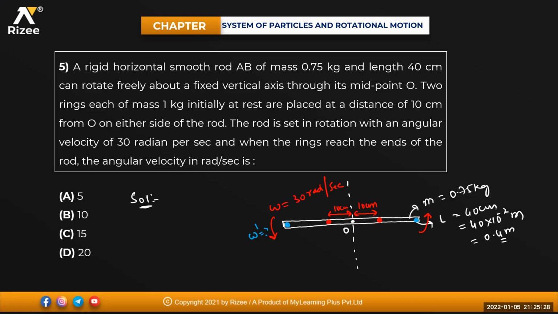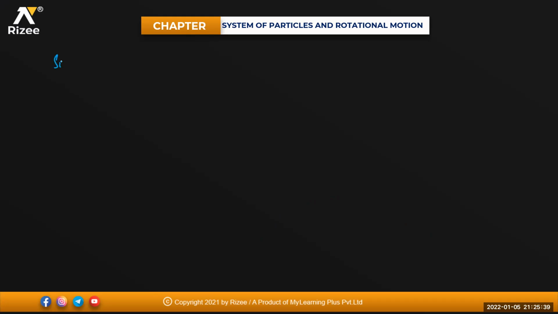Option B. Good, beta. Option B. Is this question clear, beta? See, there is no external force acting on the system because these particles are moving because of its rotation. So, as no external torque is acting, momentum is conserved.